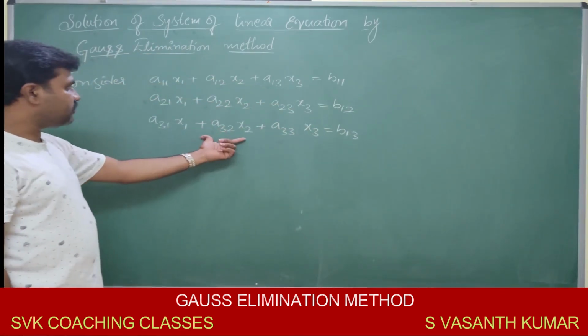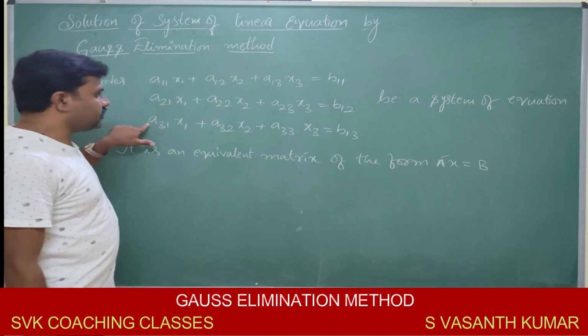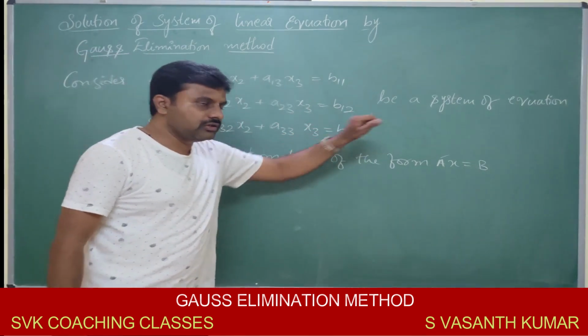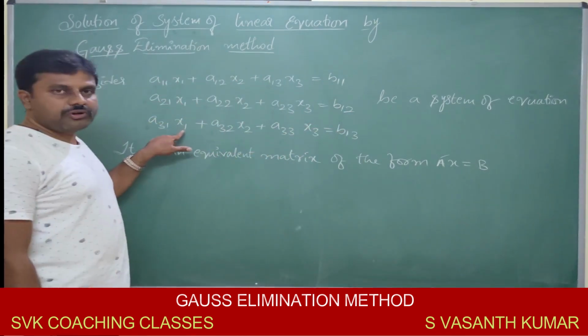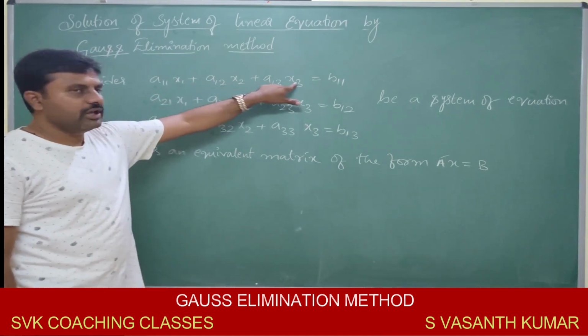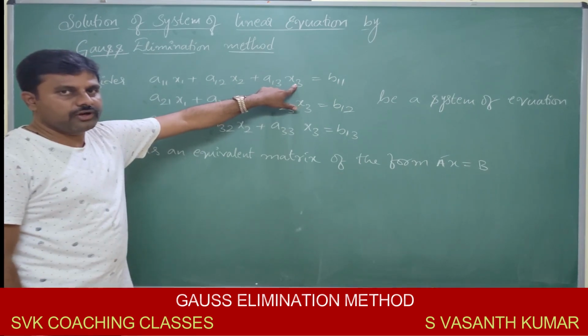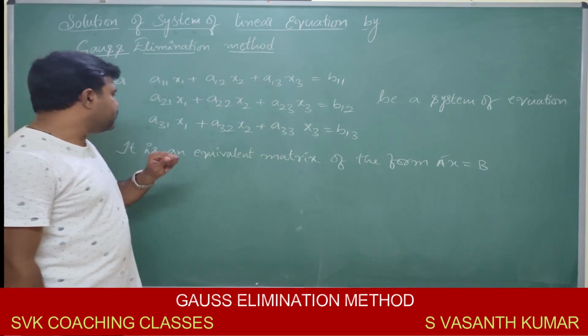Then this system of equations can be written in matrix form as Ax equal to B. These three equations have three unknowns, x1, x2, x3, and we need to find the solution for x1, x2, x3.